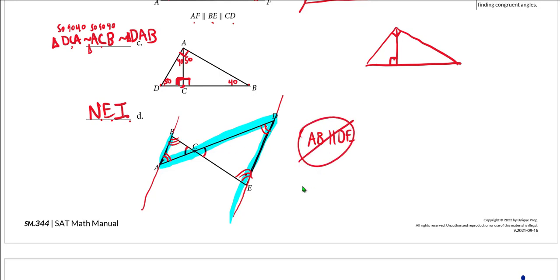But again, we are not told that AB is parallel to DE, and unless we were told that AB is parallel to DE, or we were given enough information to derive that or deduce that AB is parallel to DE, then we do not know that triangle ABC and triangle DCE are similar to each other. There is not enough information to determine similarity here.